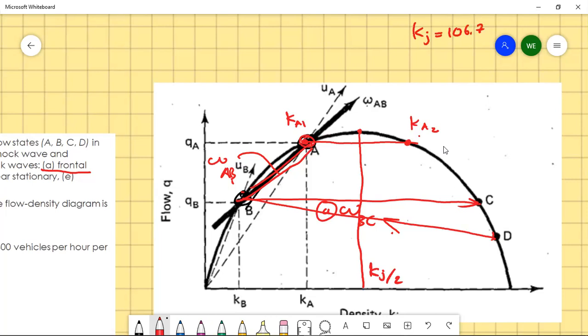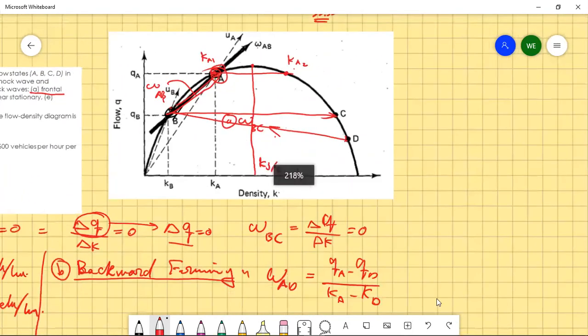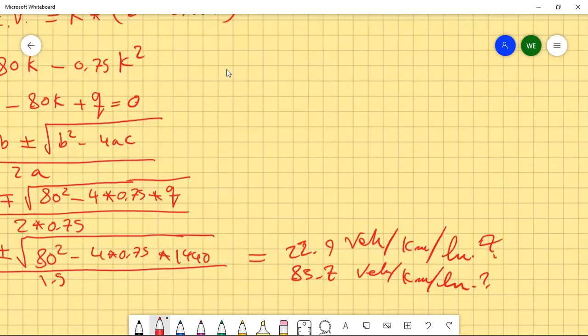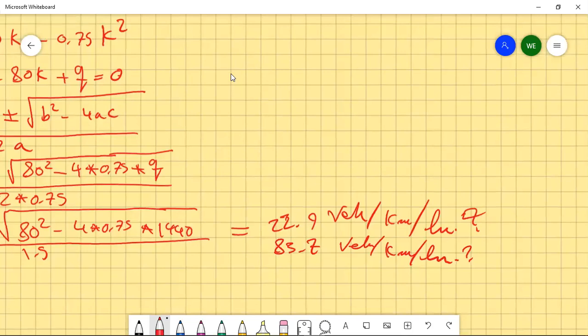So 106.7 divided by 2, that's going to be 53.33. Correct? So here we are below K jam over 2. So that's the case that we have here, uncongested. So in our answer, this is the value for KA.